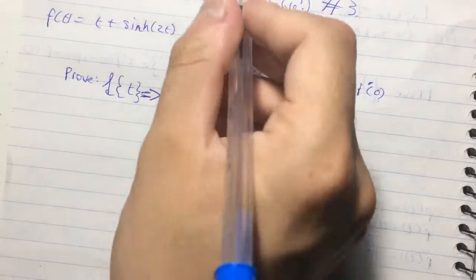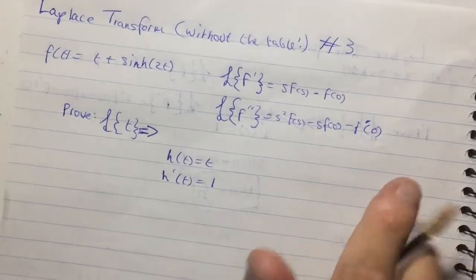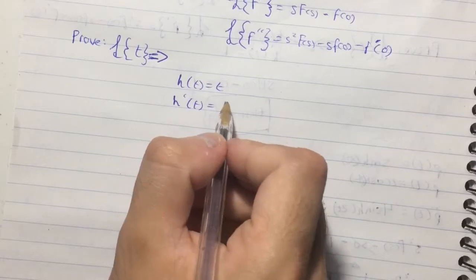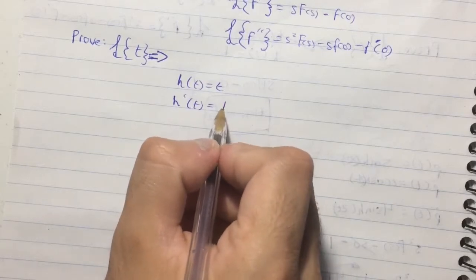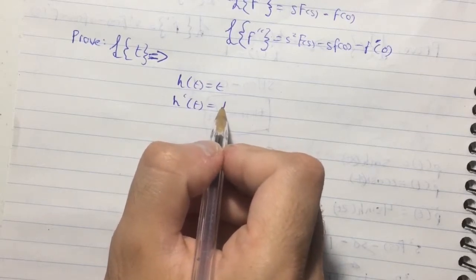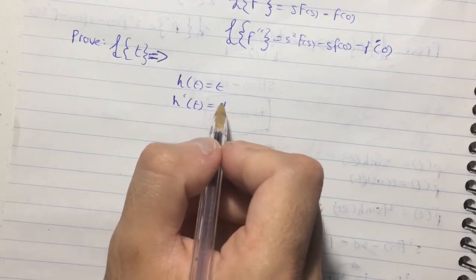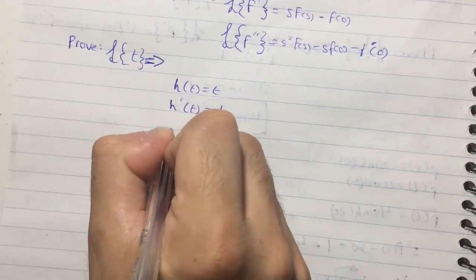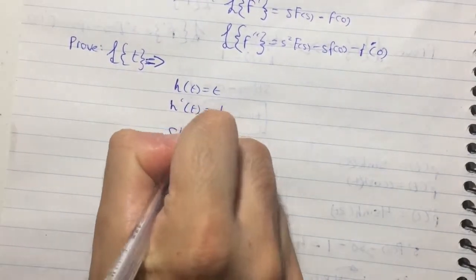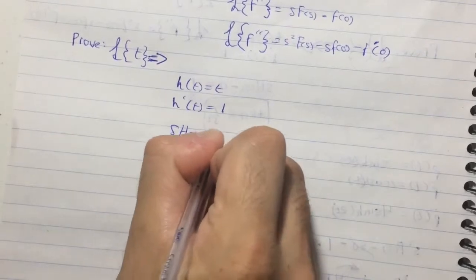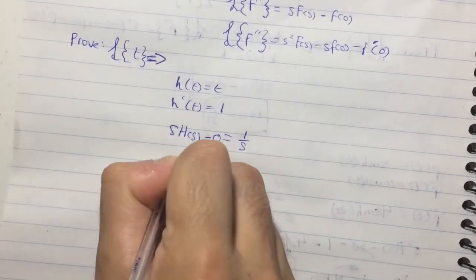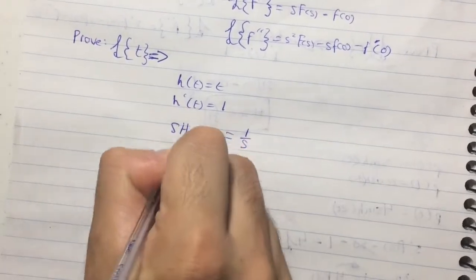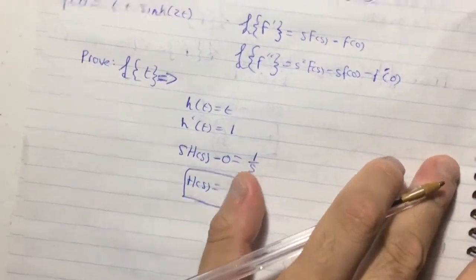Even if I didn't want to use the table, we made the argument in the video before this that I can easily find it using the definition, but that's going to take me like 3-4 minutes. Why would I do that? So we're just going to say we know this. So anyway, s H(s) minus H(0), and H(0) is 0, is equal to 1 over s. That means that H(s) is equal to 1 over s squared. And that's obvious that we know that.